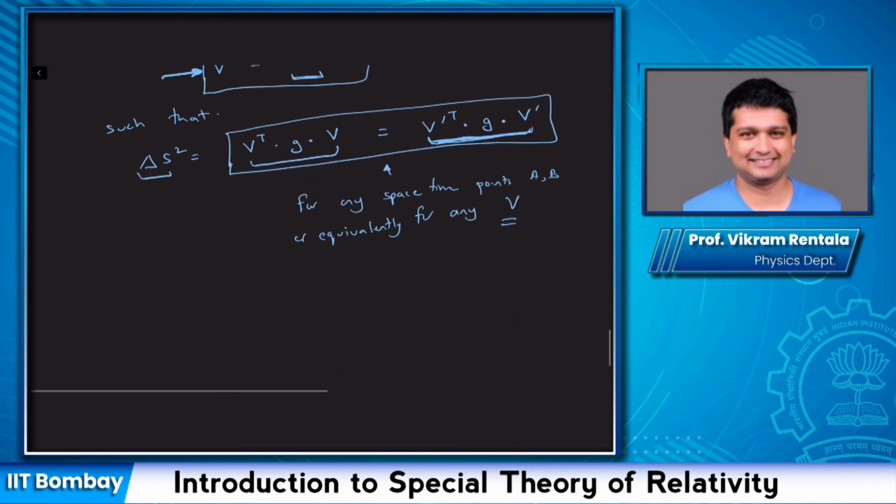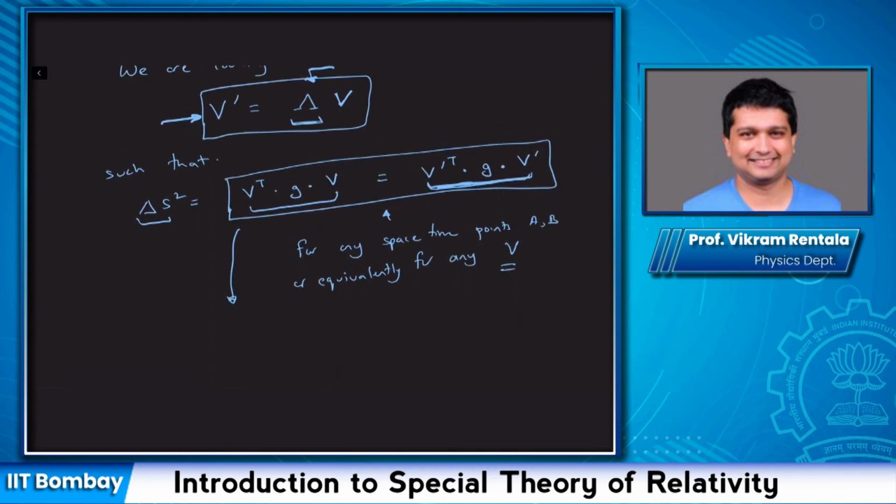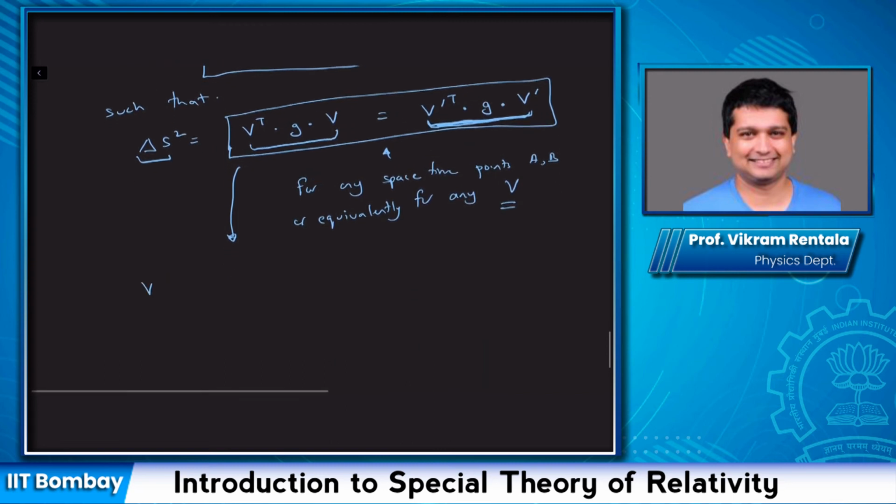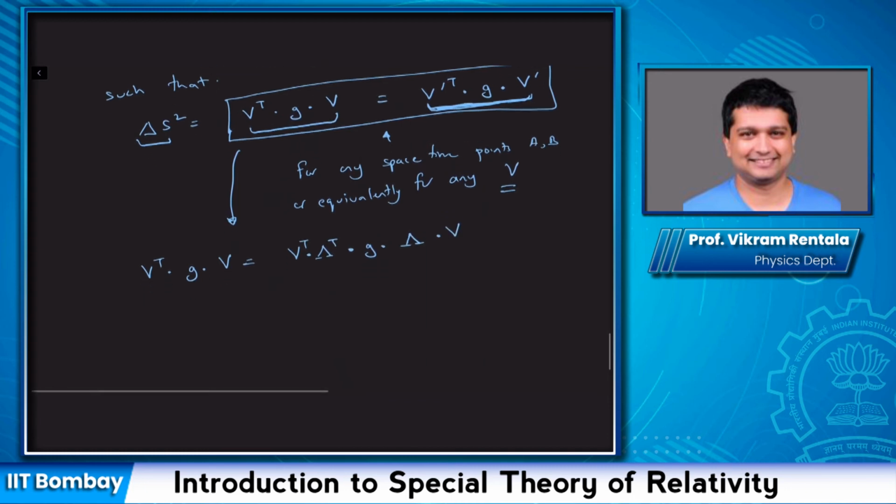And so you can see that this criteria, plugging in for V prime over here, would just be V transpose dot G dot V is V transpose lambda transpose dot G dot lambda dot V. Okay, where I've used the fact that V prime is lambda dot V. Okay, again, this is a matrix product.